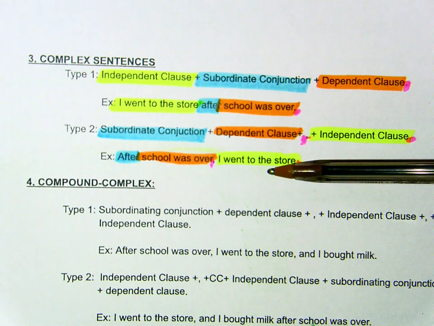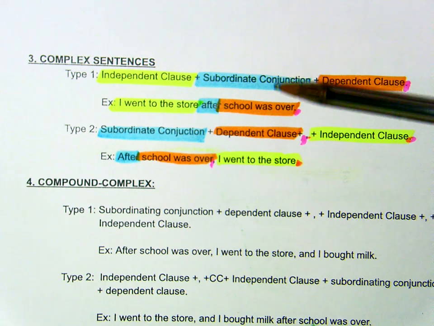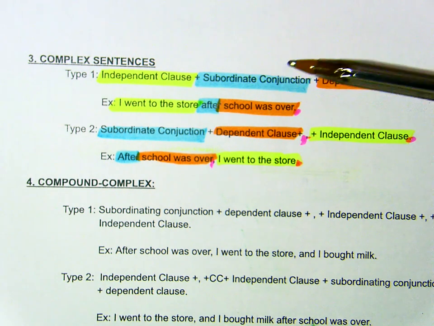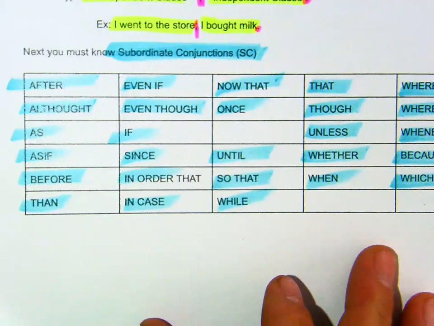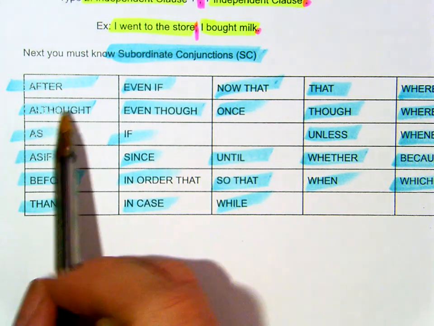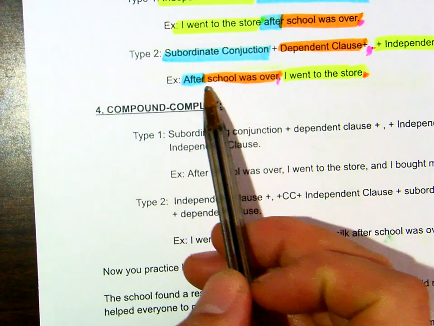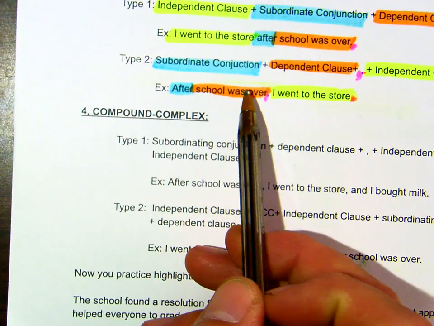The important thing to remember here, though, is these blue items called subordinating conjunctions or subordinate conjunctions, in other words, these words right here, they signal that a dependent clause is about to come. So in other words, we used in this example, we used after school was over.